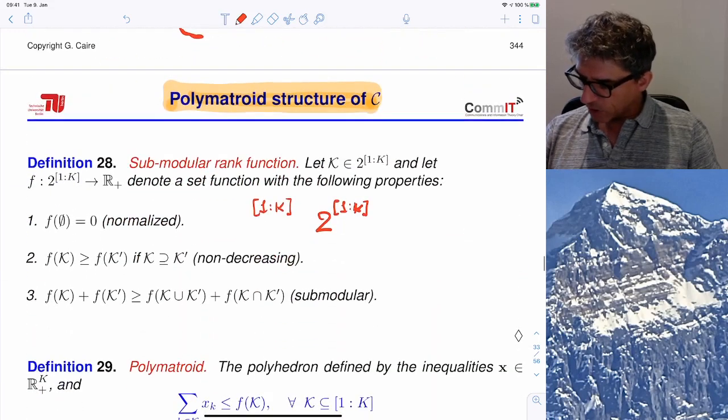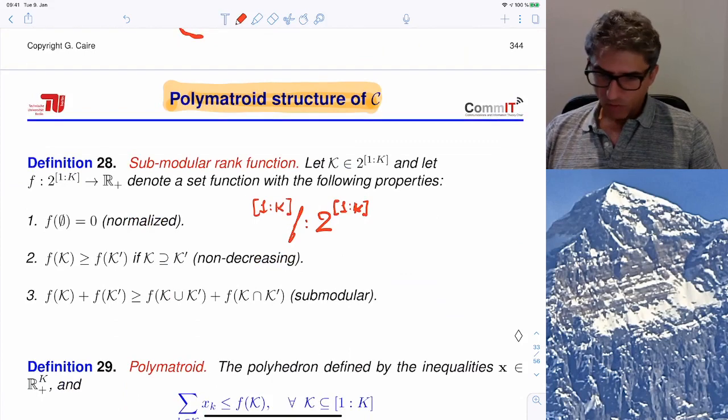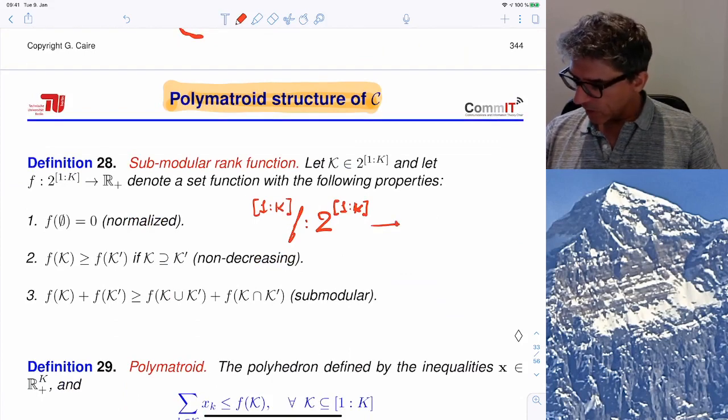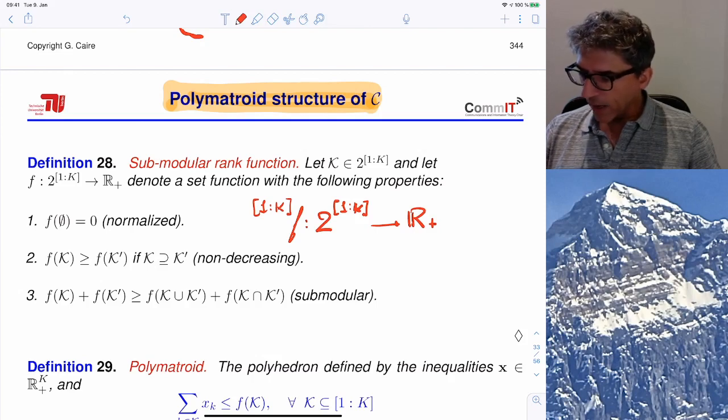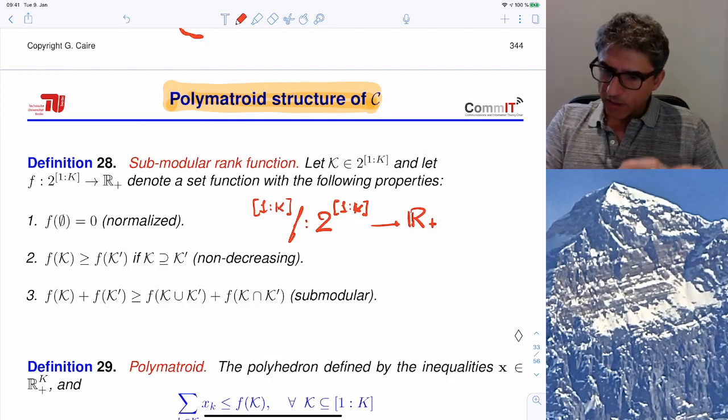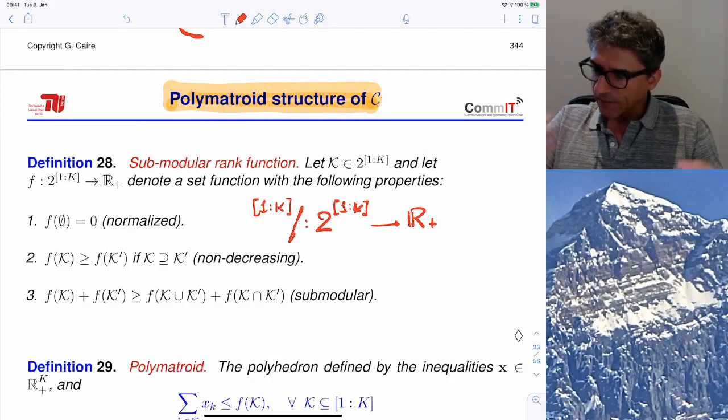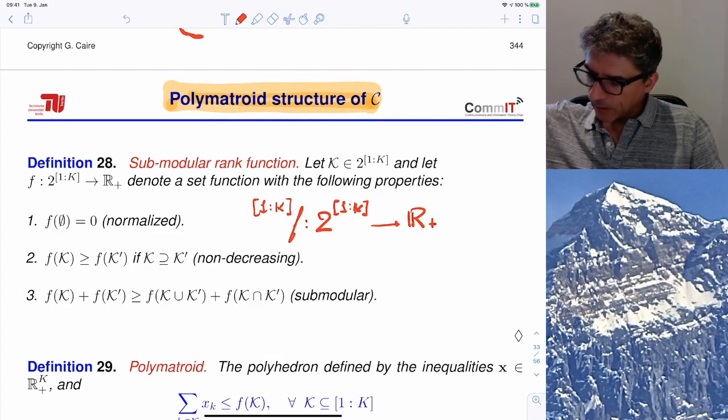A set function is a function f that maps the power set of a given set into the real numbers, and in particular, here we are interested in the non-negative real numbers. In other words, a function that associates to every subset of a given set a particular real number.